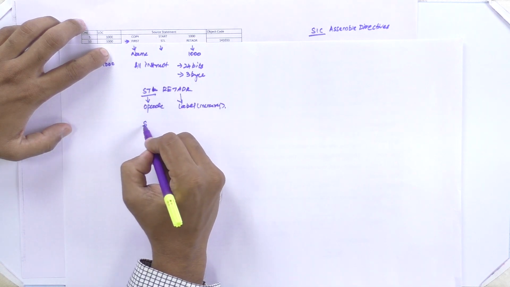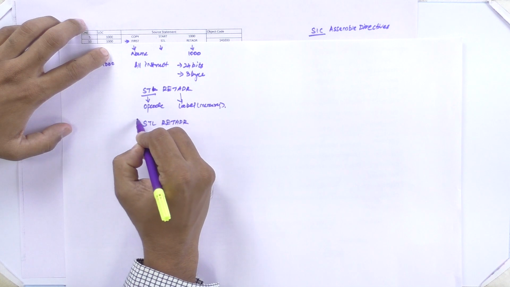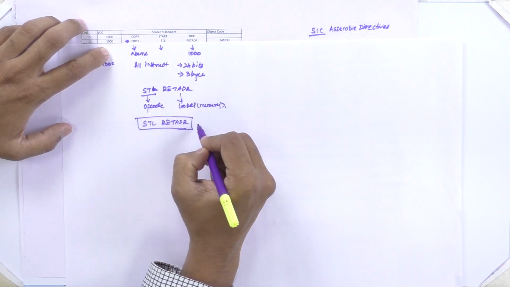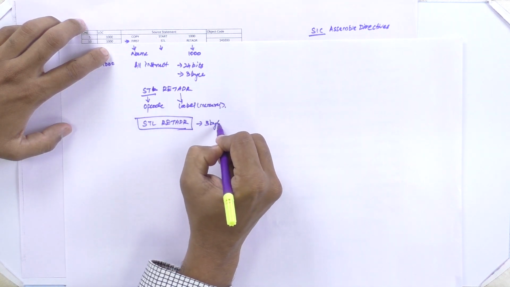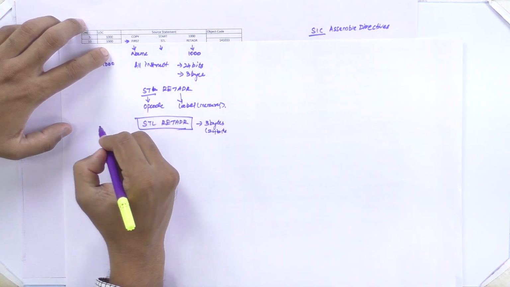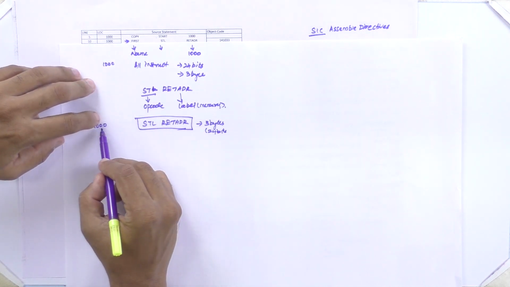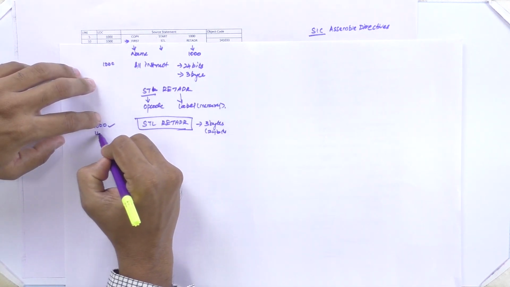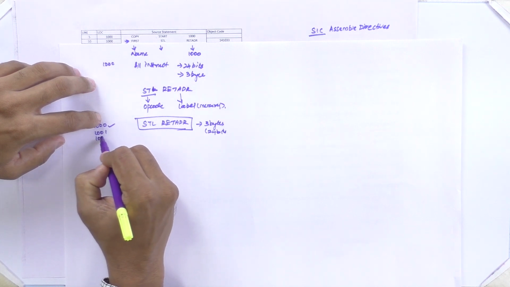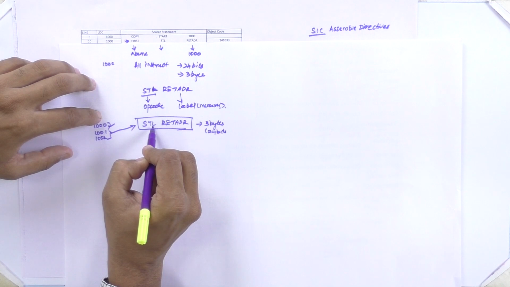So STL RETADR is your instruction, and this instruction will occupy 3 bytes or 24 bits. STL starts from the address 1000, so it has to occupy 3 bytes. 1000 will be occupied, 1001 will be occupied, and 1002 will be occupied. All these 3 memory locations will be occupied by STL.